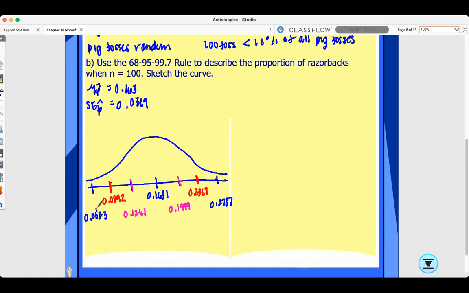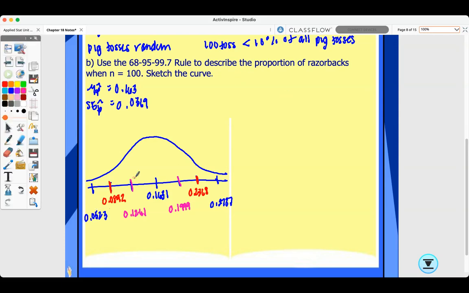So we're going to describe the proportion of Razorbacks when n equals 100, sketch the curve. So how I can describe this, if I'm looking at 68%, so 68% would be within 1 standard deviation. So this would be 68% within here.